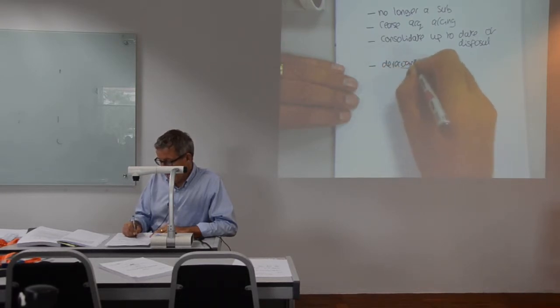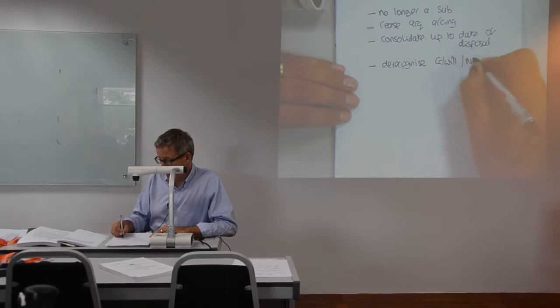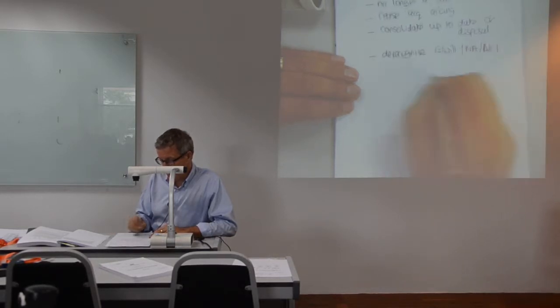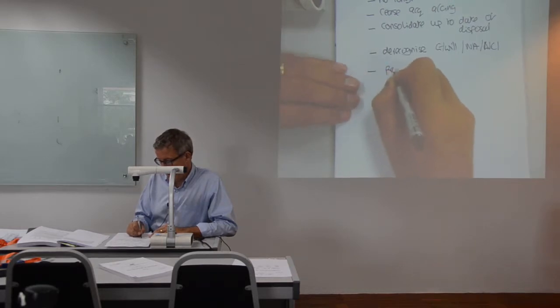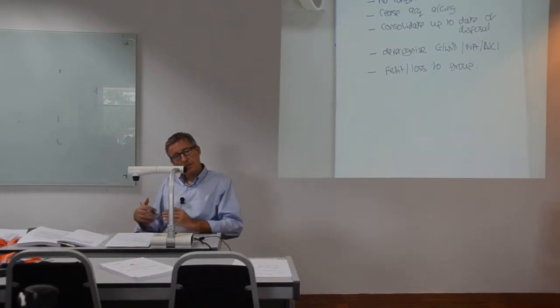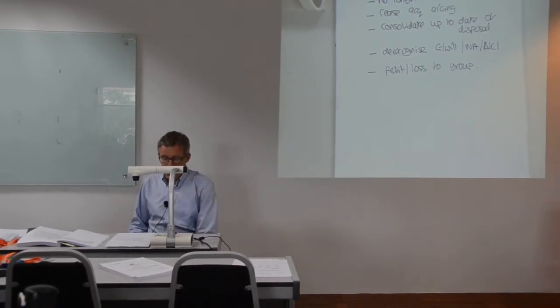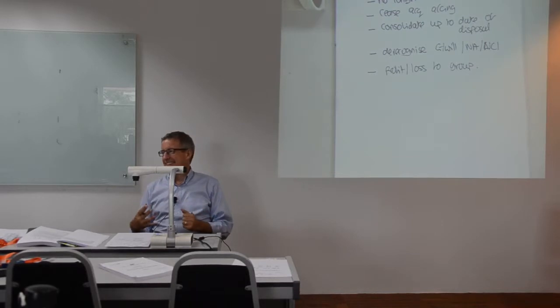We de-recognise the goodwill, we de-recognise the net assets, we de-recognise the NCI, and there will be a profit or loss to the group. Because when you are disposing of a subsidiary, you're selling it.